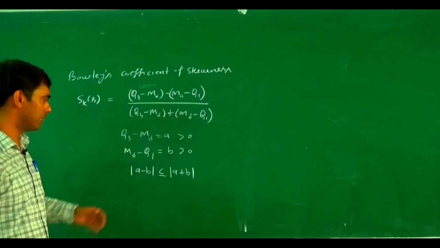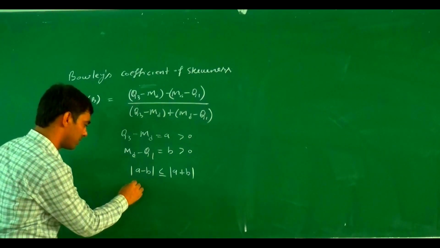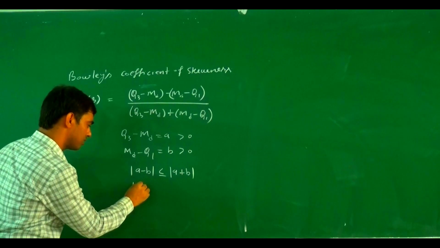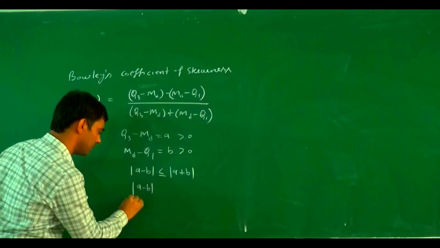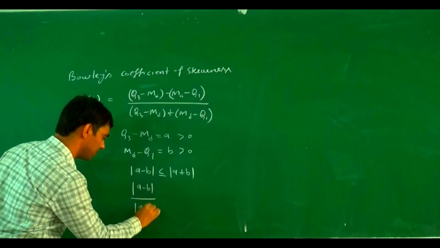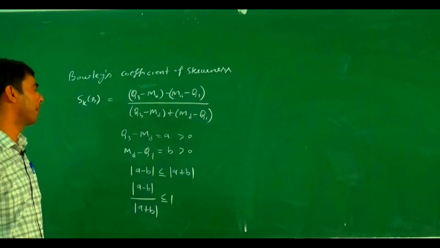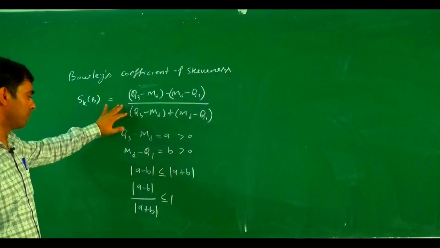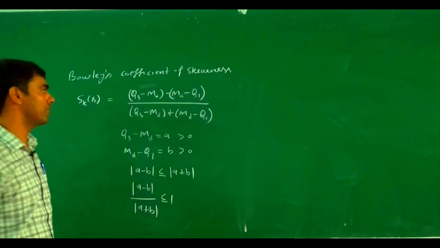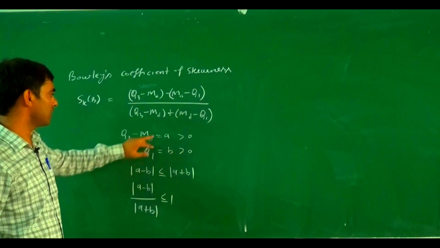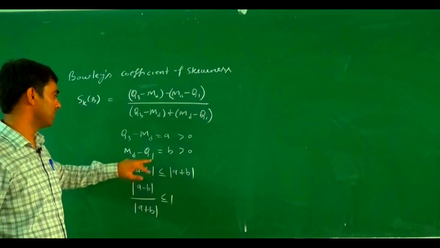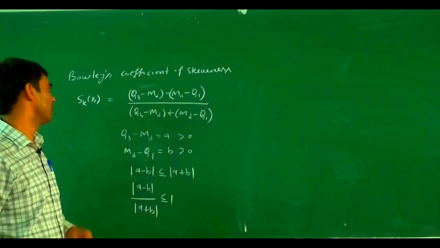So, what will happen here? If we simplify this one, mod of A minus B upon mod of A plus B is less than or equal to 1. So if we write mod of SKB, A is Q3 minus MD, B is MD minus Q1.